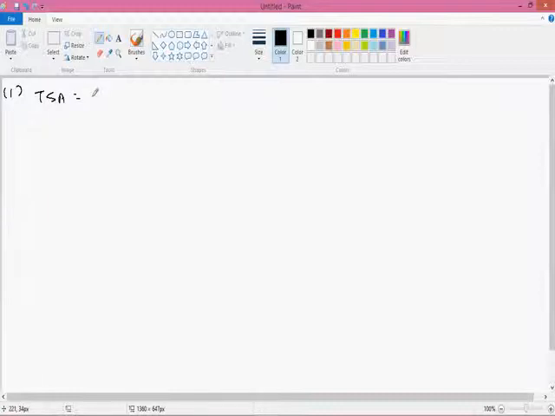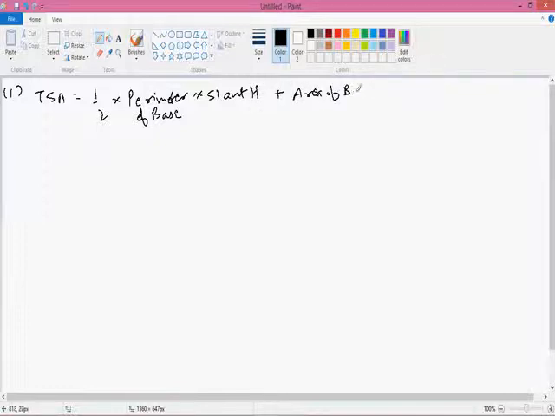It is 1/2 into perimeter of the base into slant height plus area of base. This is the formula of the total surface area of a pyramid.